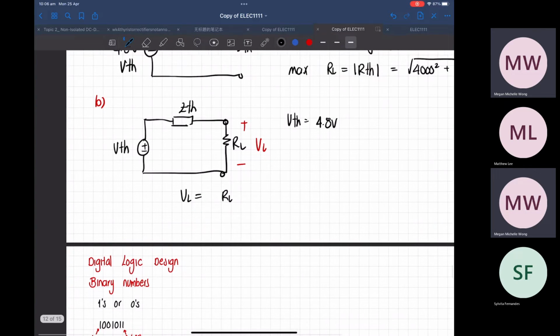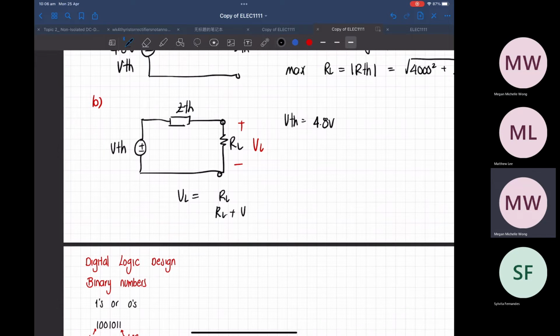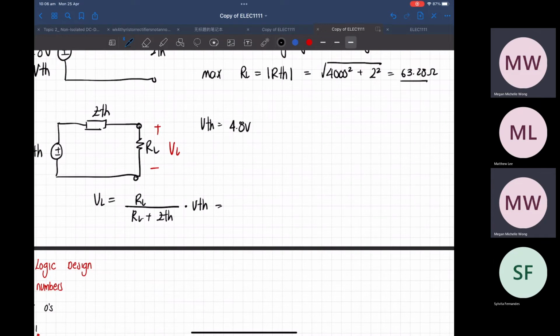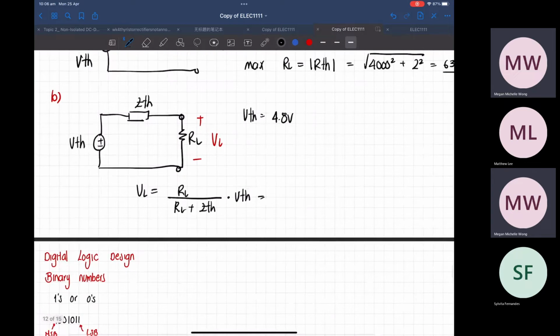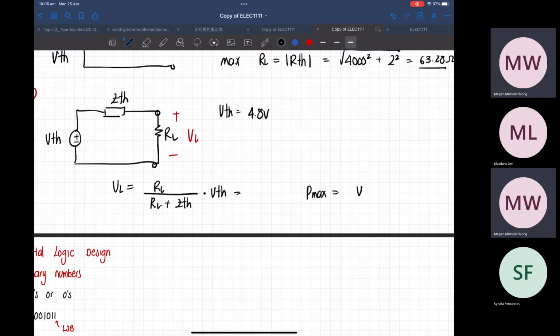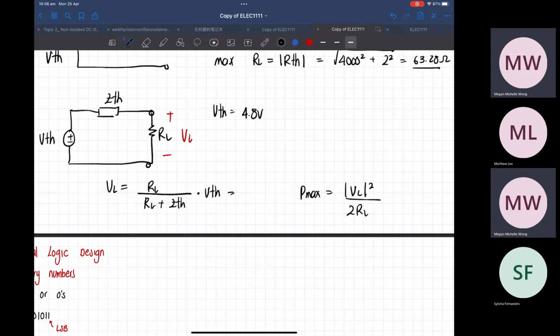So RL over RL plus Z Thevenin times your V Thevenin. And that will give you a value. If you substitute whatever you got in here, and then you hold Z Thevenin and V Thevenin, then maximum power would just be the modulus of VL squared over 2 RL. So yeah, that's it.